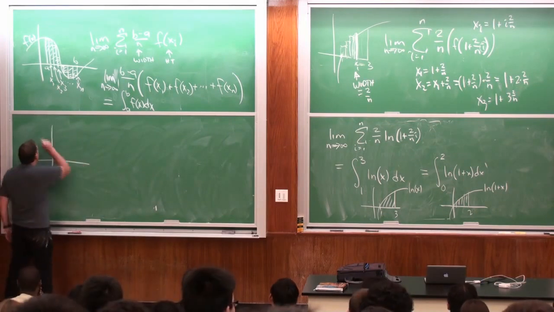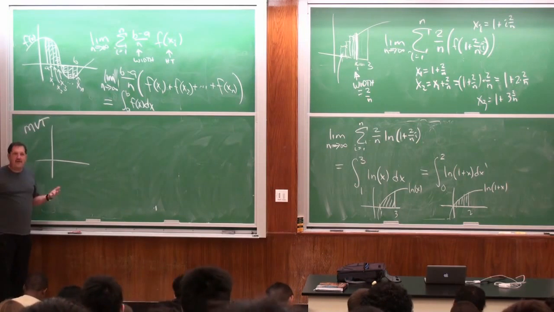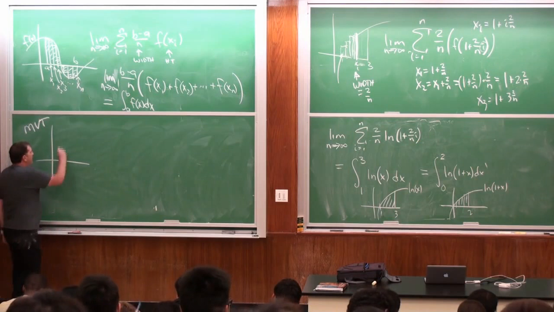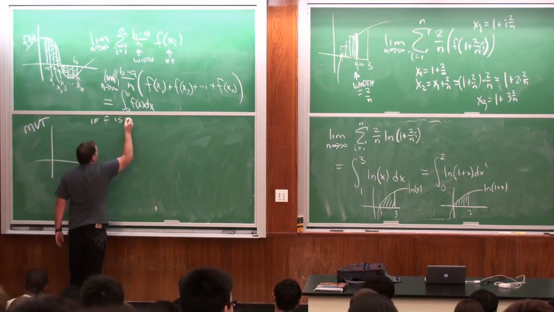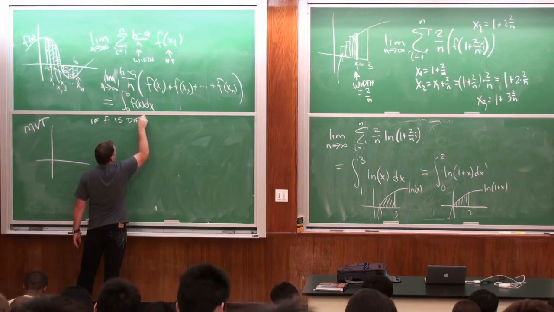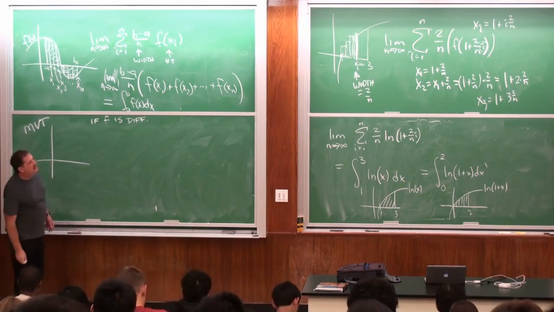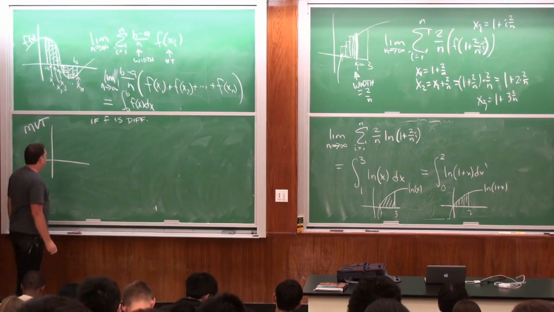So, the mean value theorem, which you went over in your calculus class because it's important, but it seems stupid, says that if I have a nice function, I have a differentiable function, and this is, well, now it's g, but it doesn't matter.